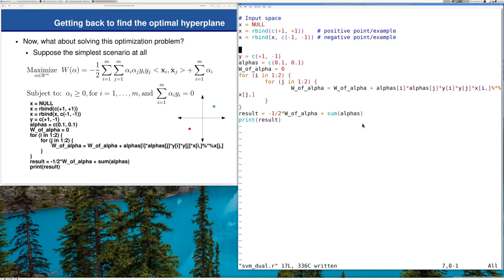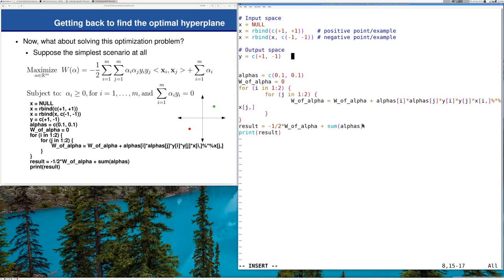Of course, here I'm defining the output space, or class labels. So I've got one positive example and one negative example, in the same order as this matrix X. The first element is positive, the second negative, and the same order here.